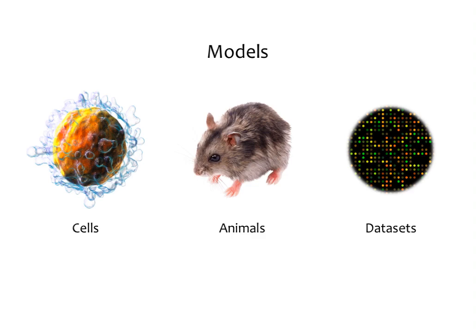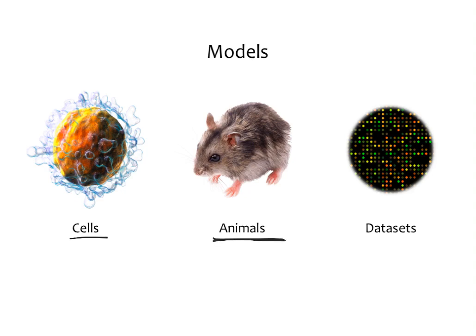Okay, so for all of this research, I want to go over a few of the models that we use. There are 3 different main types of models that I'm going to talk about in the next few slides. The first one is cell models. These are cells that we grow in dishes that are supposed to replicate what the tumor cells look like in the brain and allow us to screen drugs to look at different reactions, different pathways, and get a sense of what is going on. The second model is our animal model.